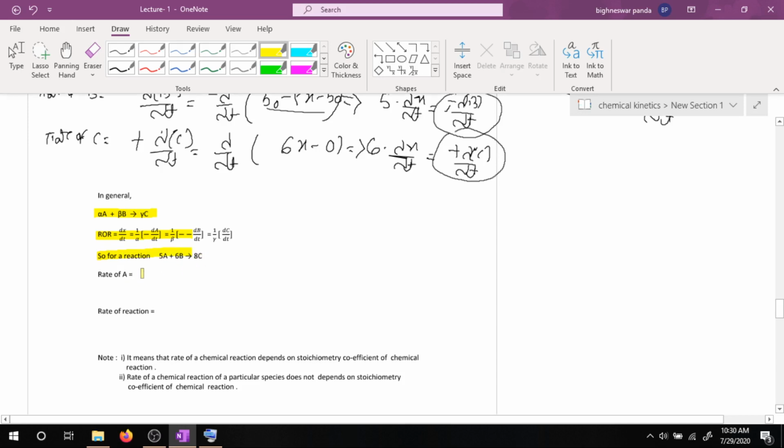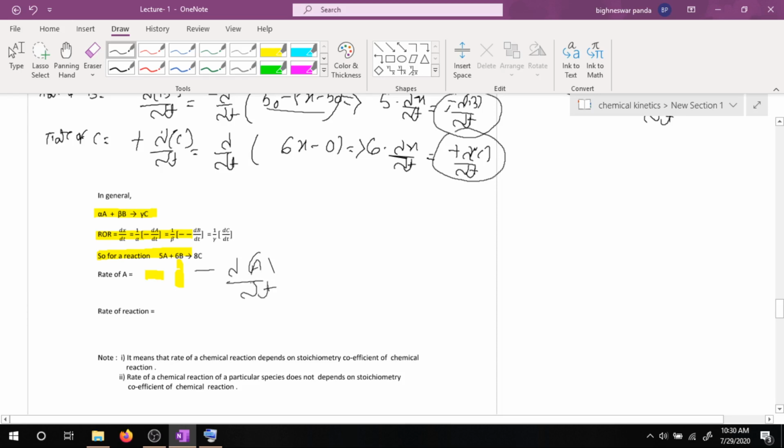the rate of A, I can write, is minus dA by dt.